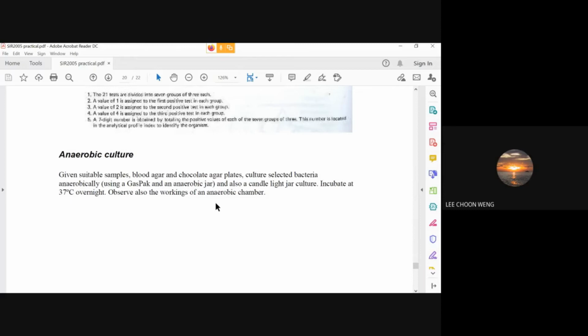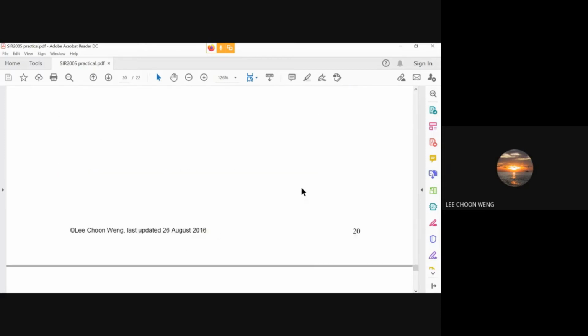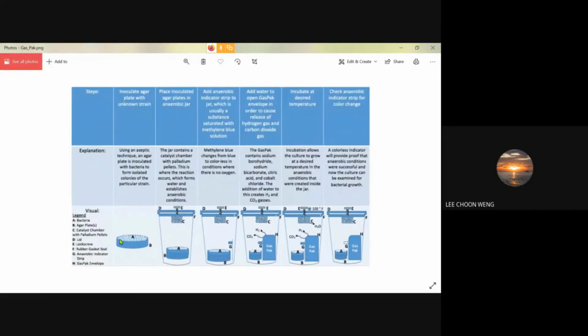So we can have an anaerobic chamber or anaerobic jar. For practical, we use an anaerobic jar. So we will place the plates in first, and in the anaerobic jar there are palladium pellets. So these are catalysts for the reaction to convert the hydrogen and oxygen to water.